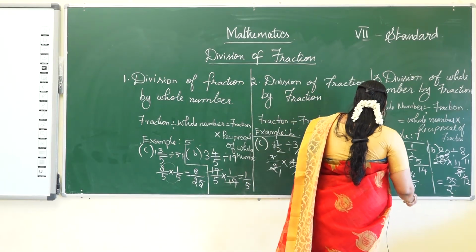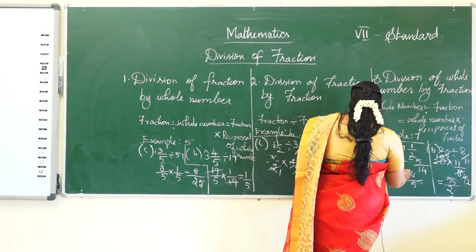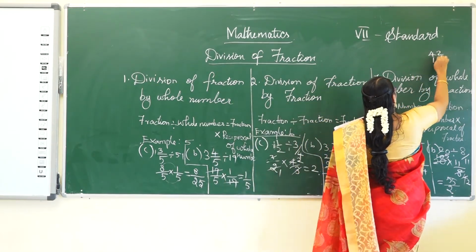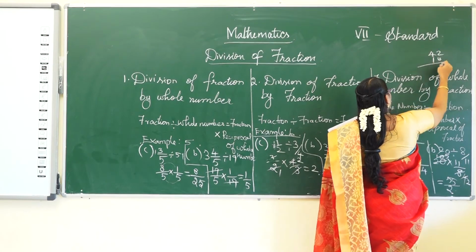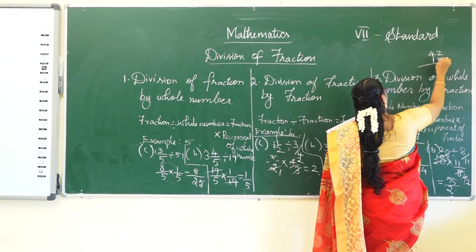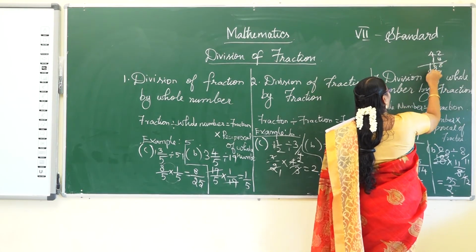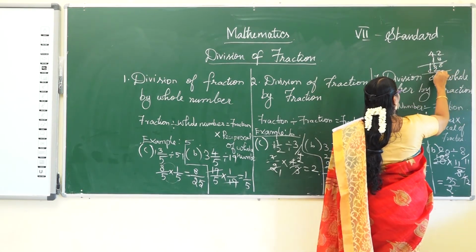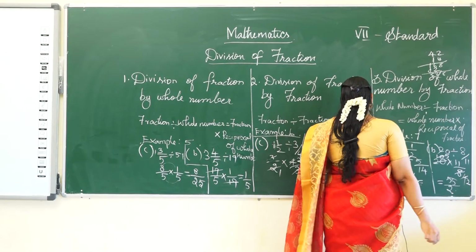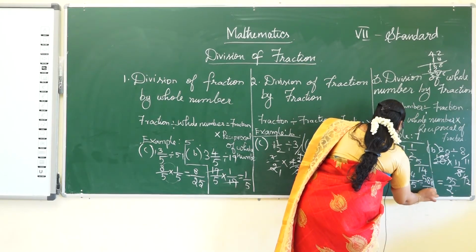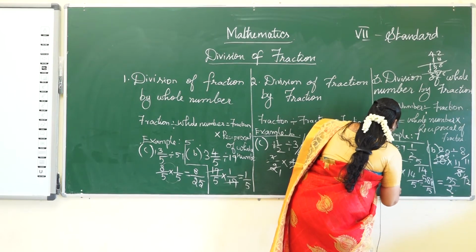It's not possible. So multiply 42 into 14. 4 2s are 8, 16, 2, 4, sorry, 8, 8, 5, 88. So 588 by 5. You can write it as a mixed fraction.